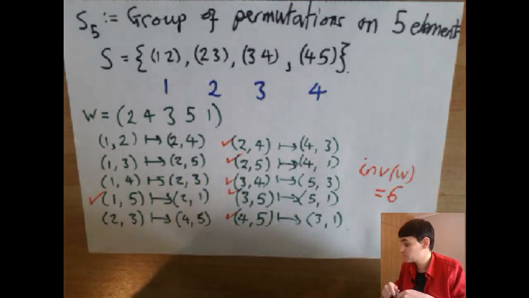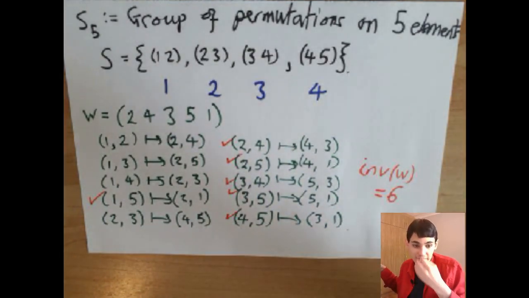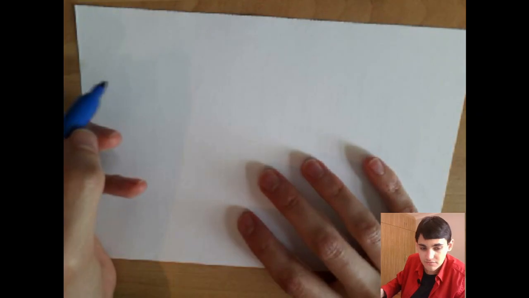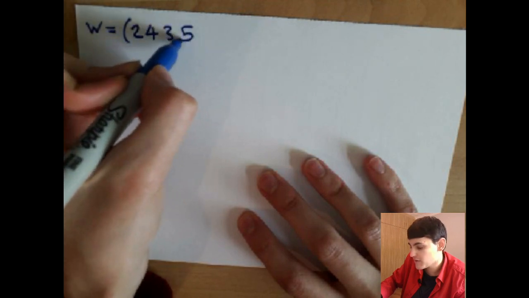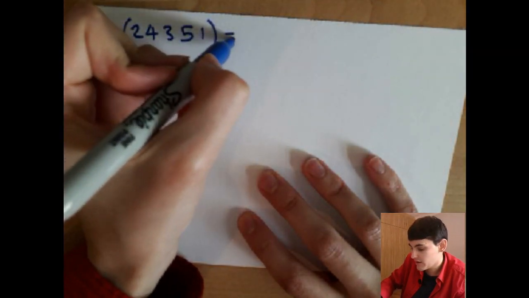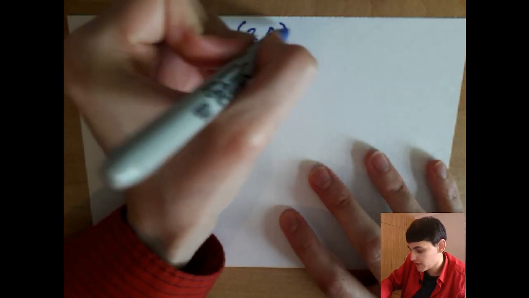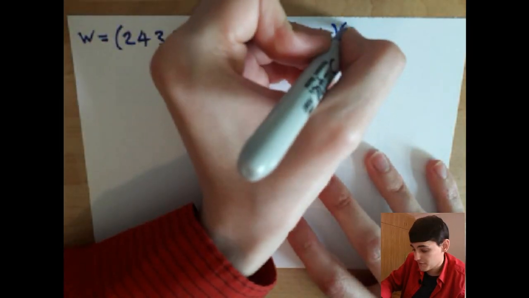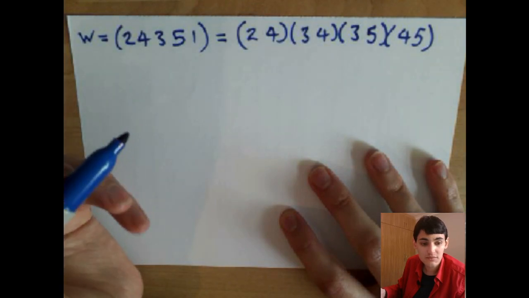Let's work out the length of W in an abstract way. We have W equals 2, 4, 3, 5, 1. If we split this up, we get 2, 4, 3, 4, 3, 5, and 4, 5.